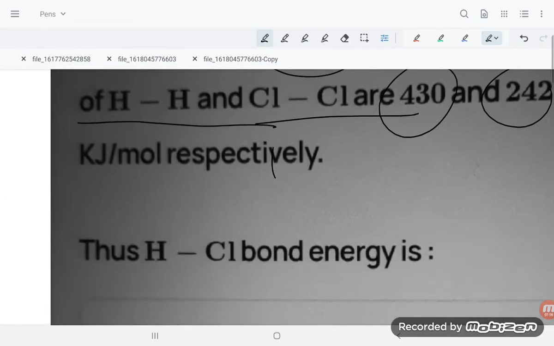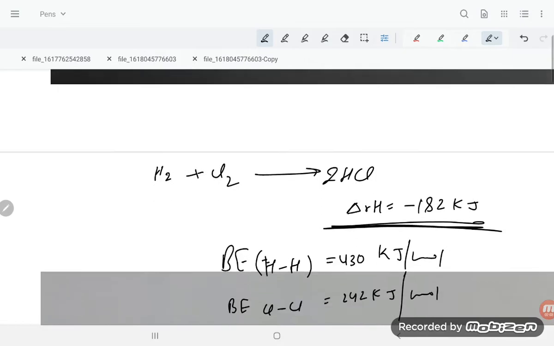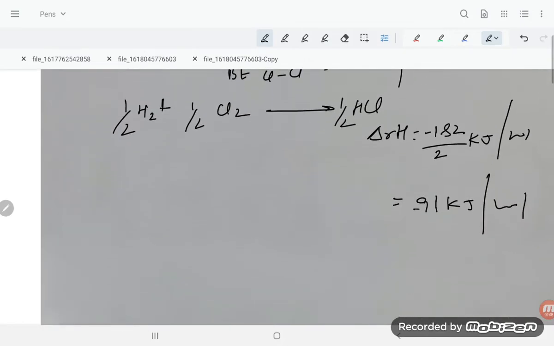They are asking for the HCl bond energy. So how can you calculate the HCl bond energy?